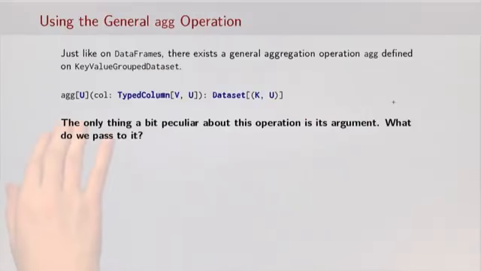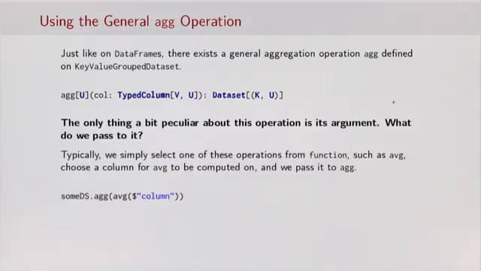Just like in DataFrames, there was this general aggregation function, and it has this mysterious typed column argument, which I don't know what to do with. If I pass a typed column to it, what does it aggregate? Usually we want to calculate an average or a mean or a standard deviation or something. Well, typically we go to this functions object that's defined in the Spark SQL package, and we select one of dozens of different aggregation operations.